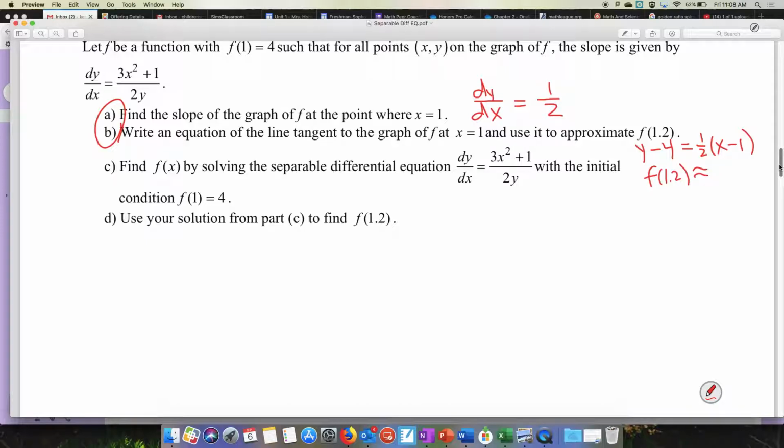I did numbers. It says x equals 1. That's all you have. Oh, number three, the whole problem. I can't see that much.